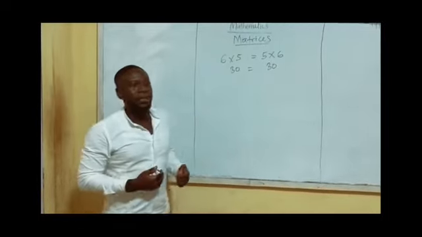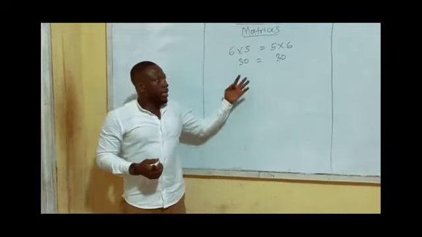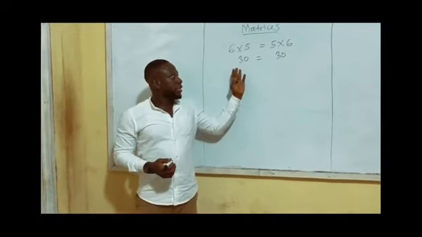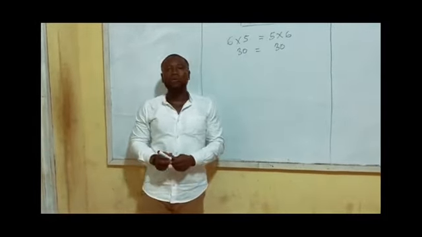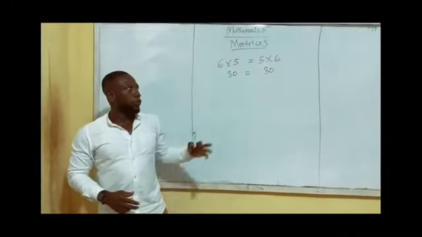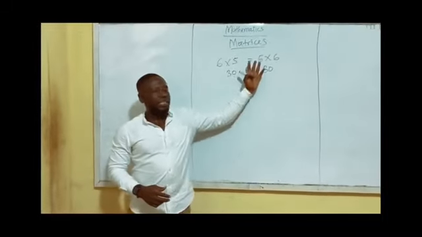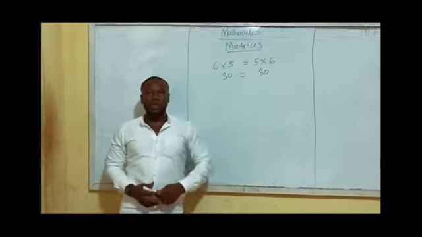With this idea, students feel that in the multiplication of matrices the order doesn't matter, just as it is with numbers, and that is far from right. So today we shall identify this misconception and how best to correct it.